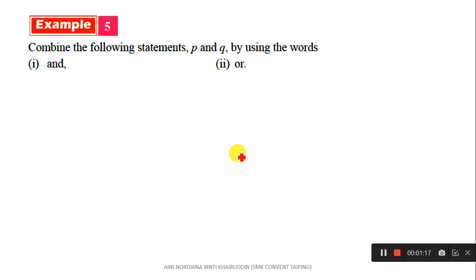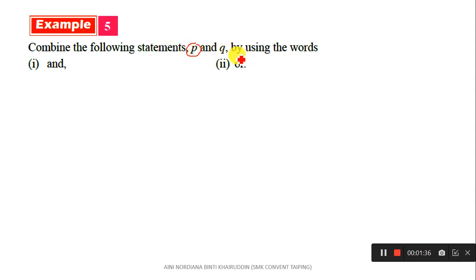Okay, so have a look at this example. Combine the following statements P and Q by using the word "and" or "or". Remember in part 1 I said P is a symbol of a statement.